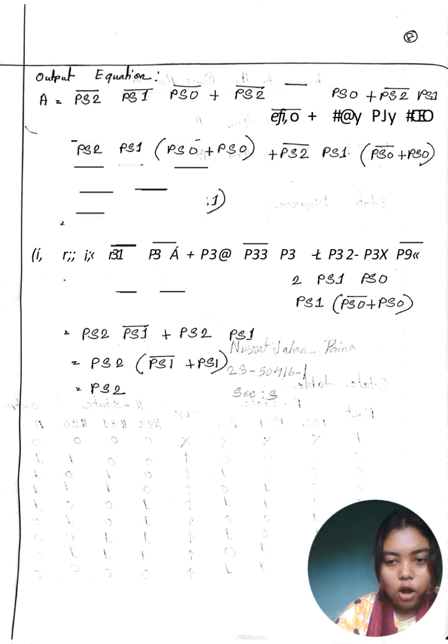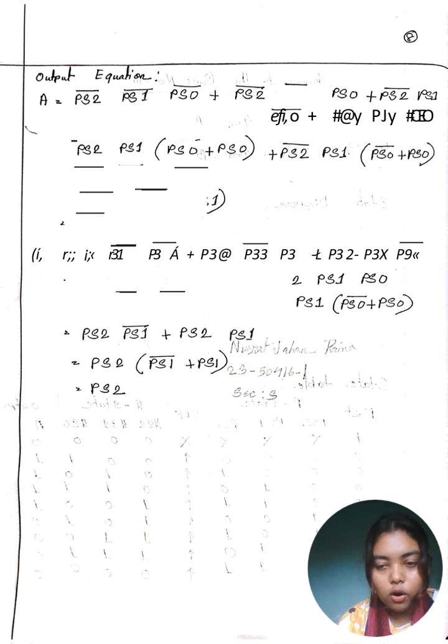Here we can see output equations for the signals labeled A and B from the state machine described on the previous page. The equations are derived from the state table using the present state bits PS2, PS1, PS0.